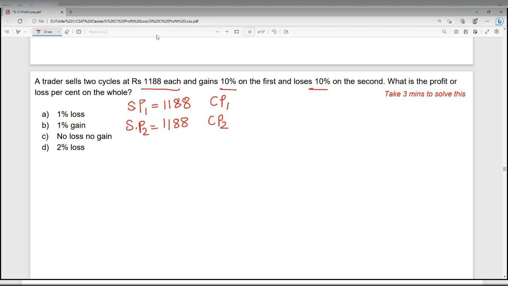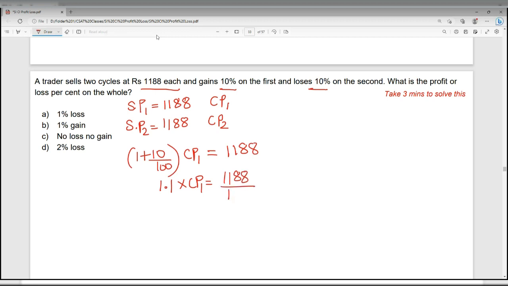If somebody is selling at 10% profit, you write it as 1 plus 10 by 100 into the cost price. So in this case, selling at 10% profit on the cost price was equal to 1188. This is 1.1 into CP1, so cost price 1 is equal to 1188 divided by 1.1.